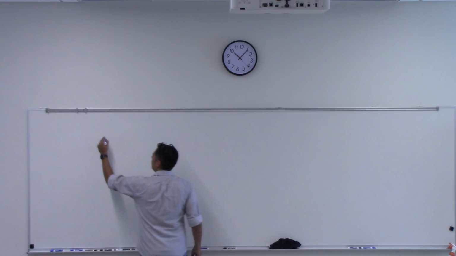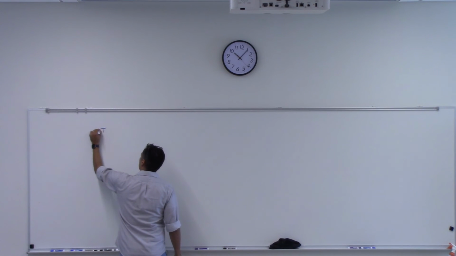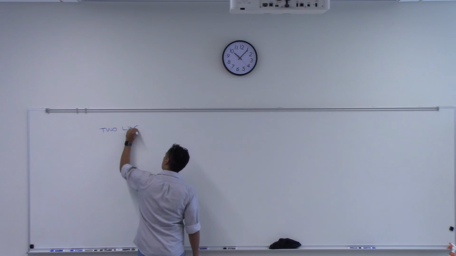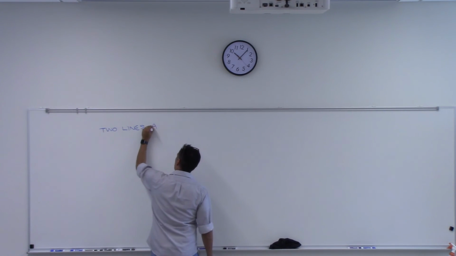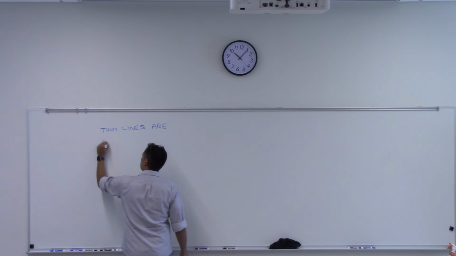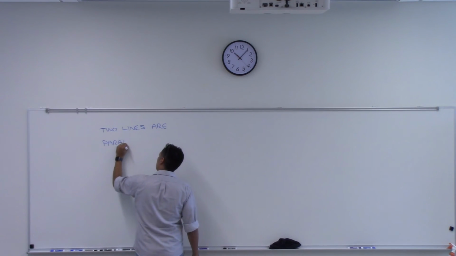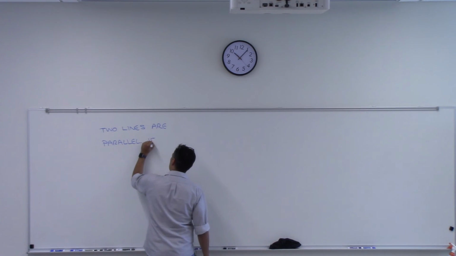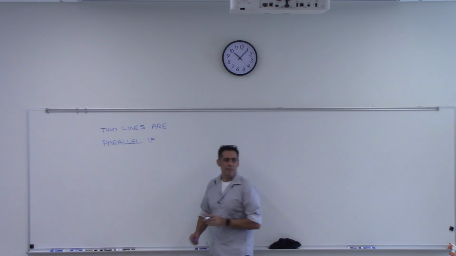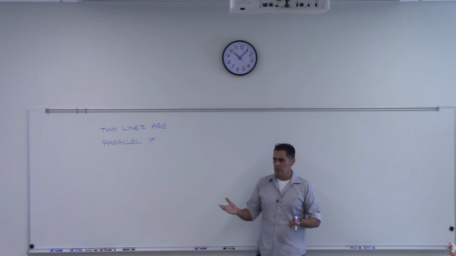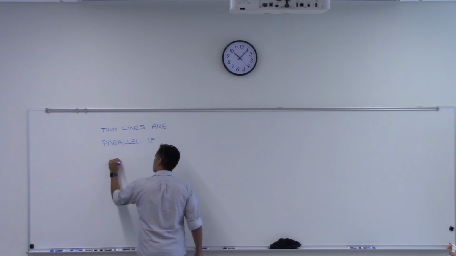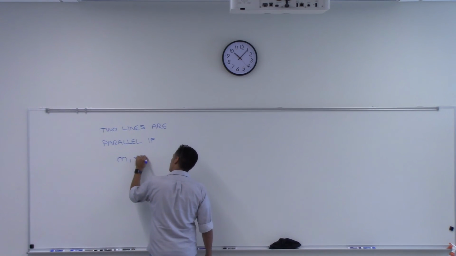Okay, so when it comes to two lines, they are parallel if the slopes are the same, right? So I'm going to put this: if M1 equals M2.